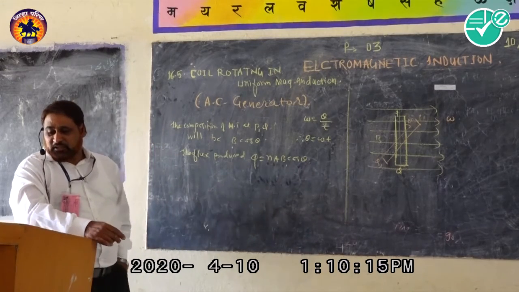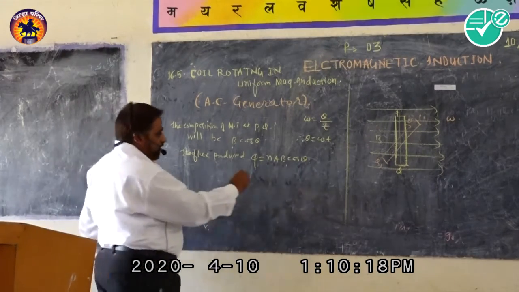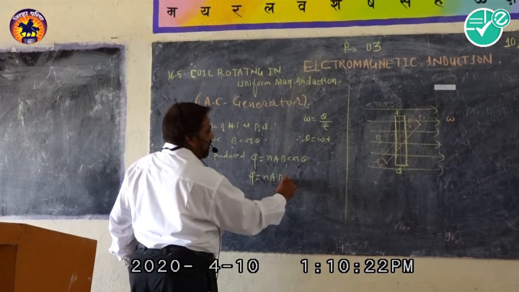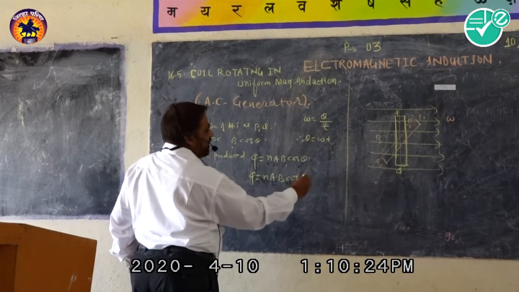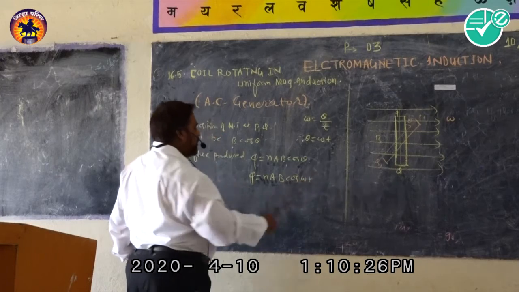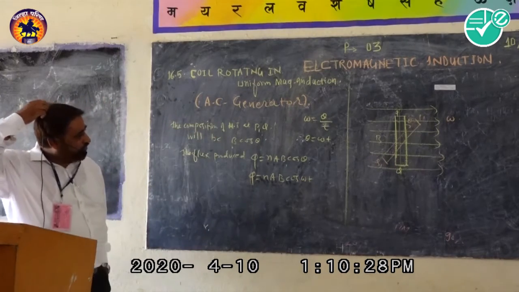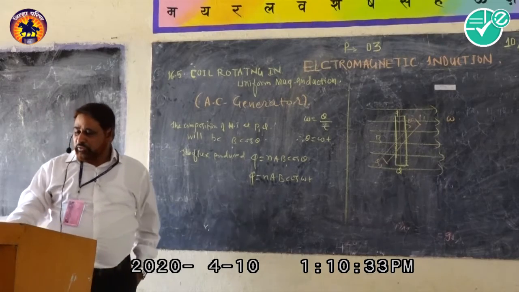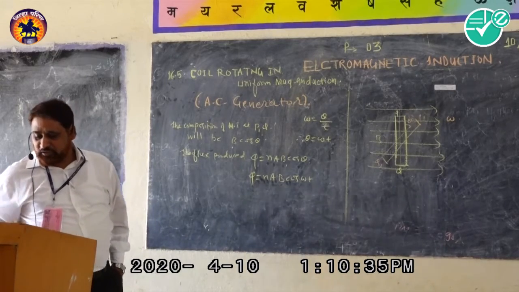That can also be written as phi is equal to NAB cos omega t, instead of theta. So this is the flux produced due to the rotation of the coil. This is called equation 1.